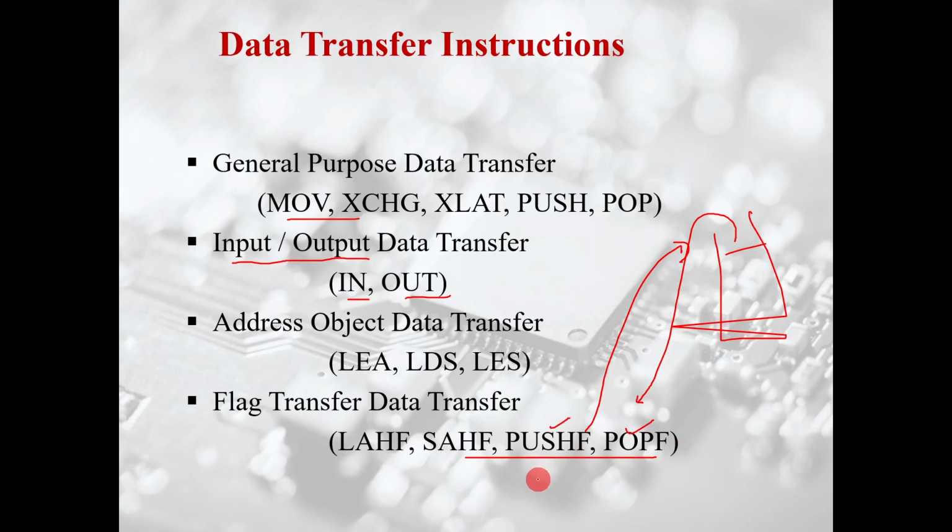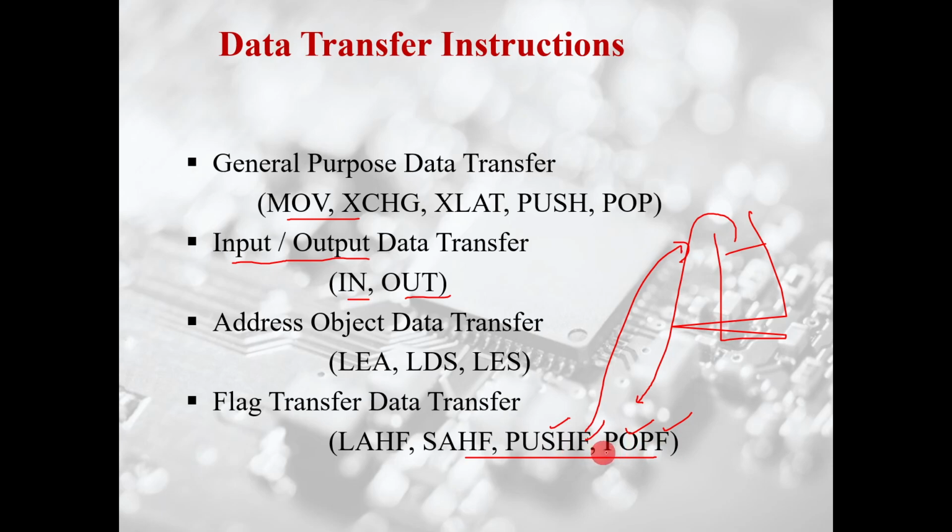Same thing happens here. So once I write F out here, what data needs to be pushed into the stack will be the flag register data. And when I say pop F, whatever is in the stack, where should that data come? That should come into the flag register.